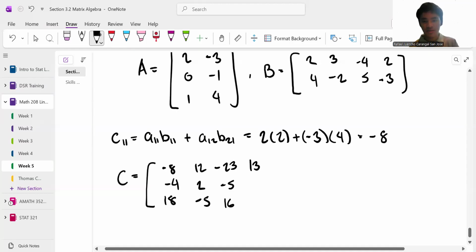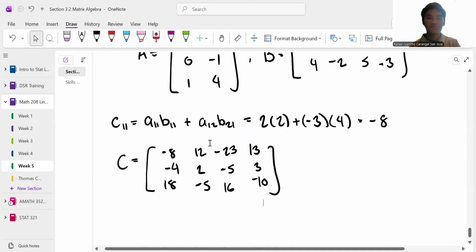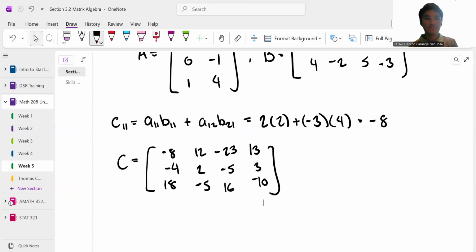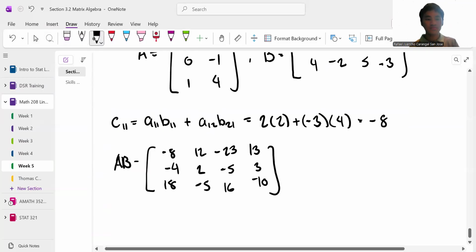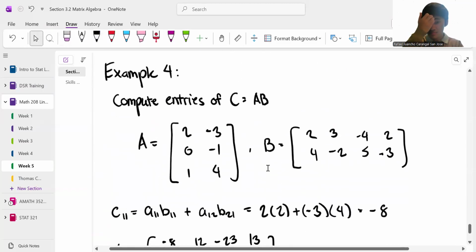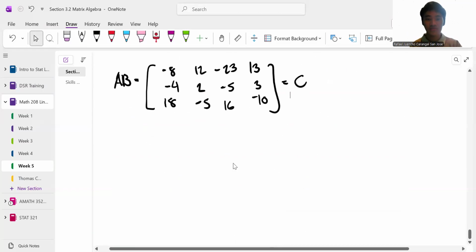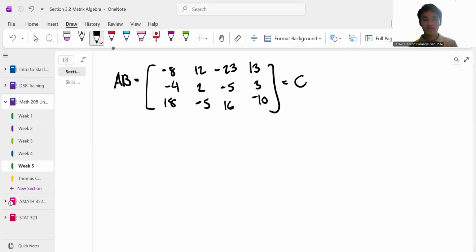I think this is, yeah, 13 and then 10. Yeah, so that's what C is going to be. So that's the product of AB, which gives a resulting matrix C, which has those entries.